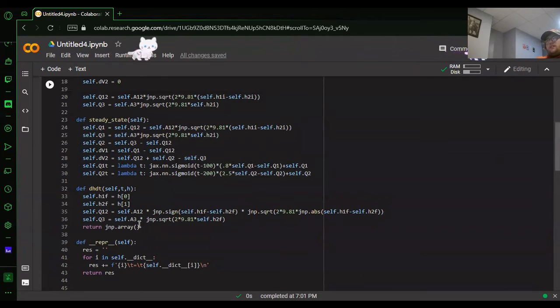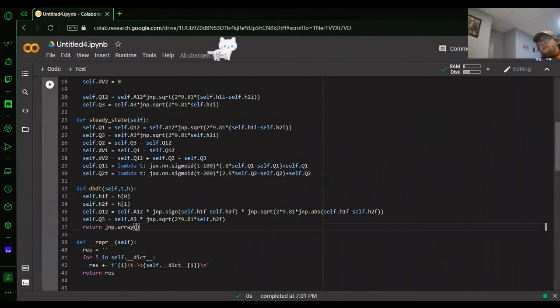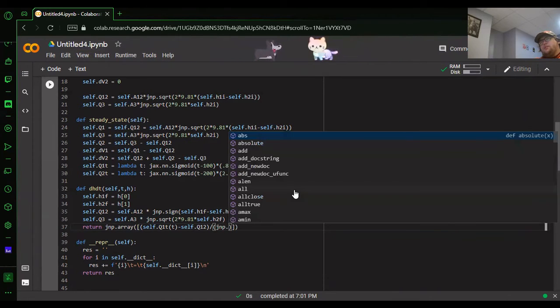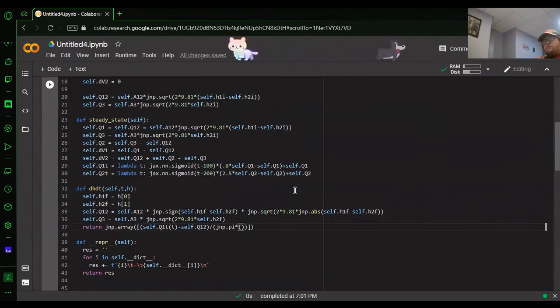So if we go back to our dHdt now, if you remember, our dH1 dt is going to be our self.q1 at t, give me a second to think, t minus self.q12, and then all of this is divided by pi times our radius from the surface of the fluid.